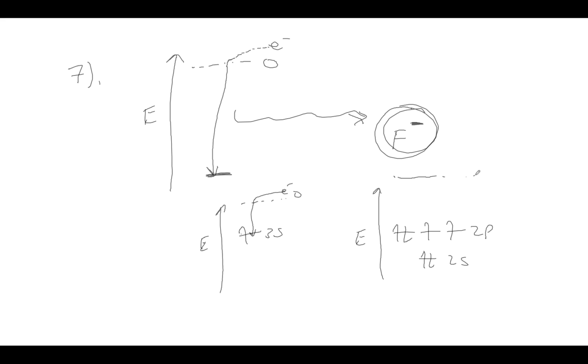So here, you could probably make the argument that your electron coming in is going to release a decent amount of energy, to go from this vacuum continuum where it's not interacting with anything to interacting with oxygen's positively charged nucleus. Okay, so the answer to this one would be E. It would have the most negative electron affinity.